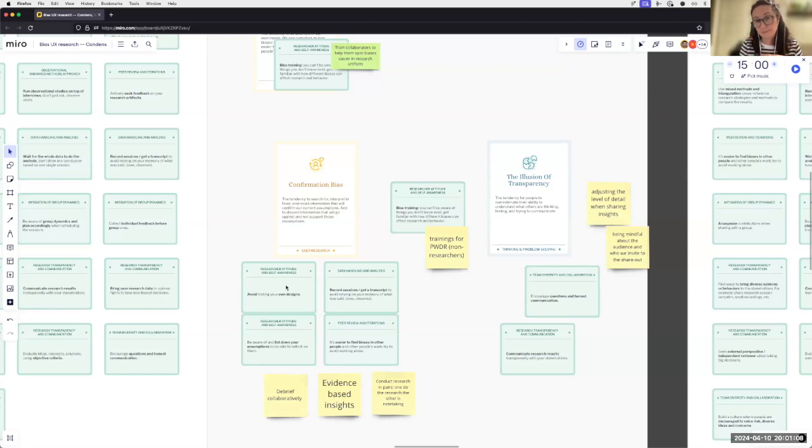So: collaboratively debrief after the sessions, deliver evidence-based insights, conduct research in pairs and switch the roles. These were some of the ideas we brainstormed.